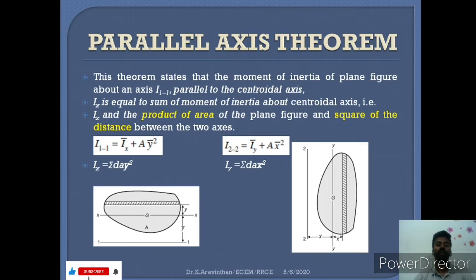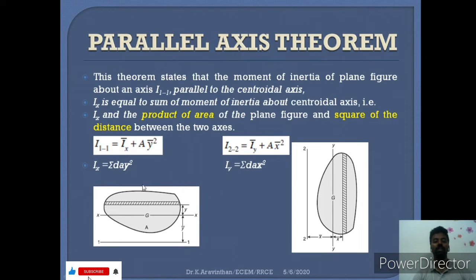For a general shape, that is square, rectangle and circle, we are having a definite formula for finding moment of inertia. If you are having more complication in an object, then you need parallel axis theorem in order to solve the problem.